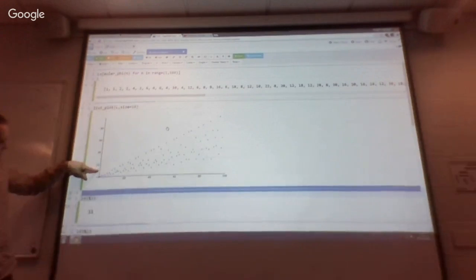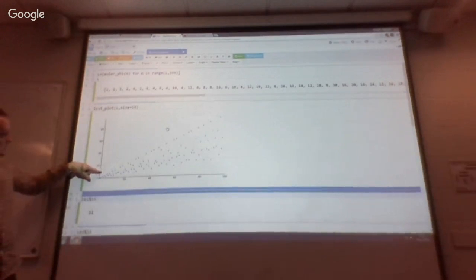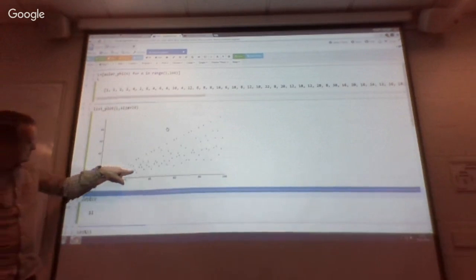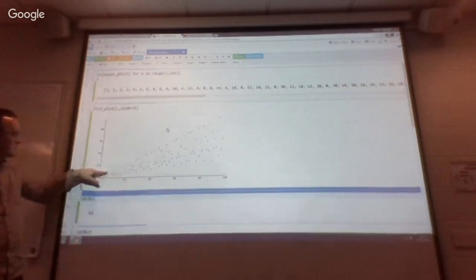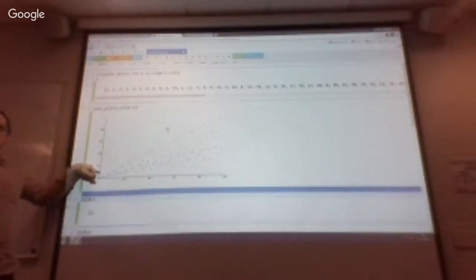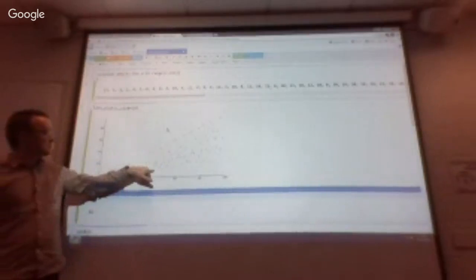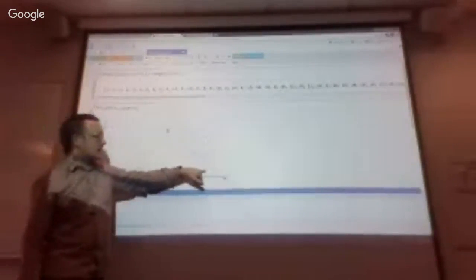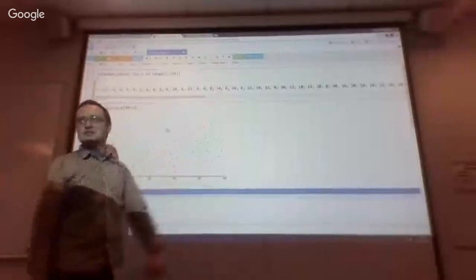So here's 20. So 12 is about halfway here. So you know there's a few candidates for which phi of n might be equal to 12. If any of these dots here are exactly on the line, phi of n equals 12, there'll be solutions. But once you get on out here a bit, there don't seem to be any more solutions.